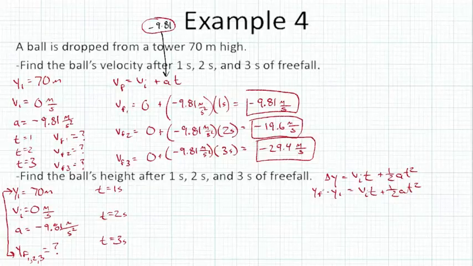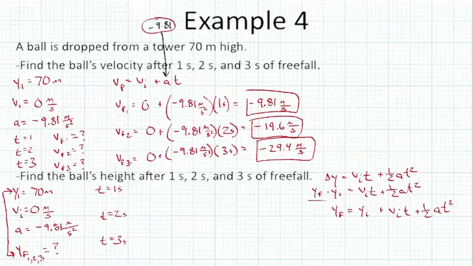And if we want to solve simply for our final Y position for each of our three time frames, we're going to move our YI to the other side. So our YF is simply, and we're going to add YI to both sides, YI plus initial velocity times time plus 1/2 times acceleration times time squared.